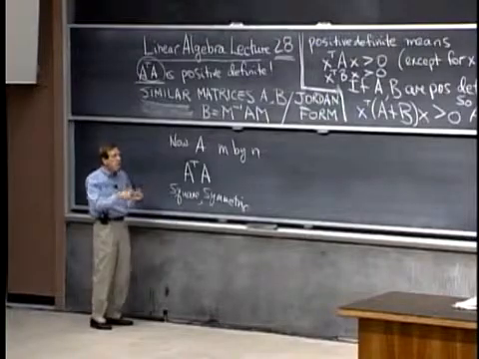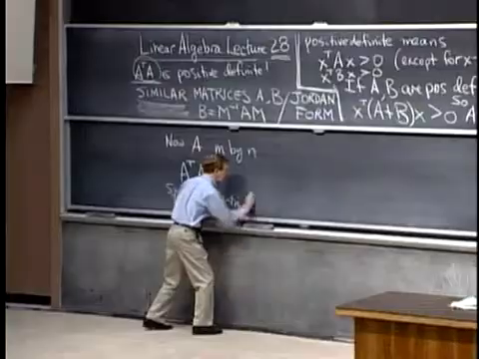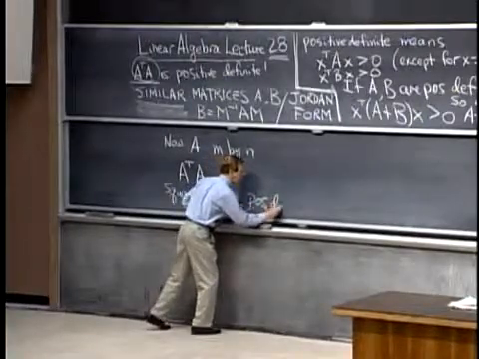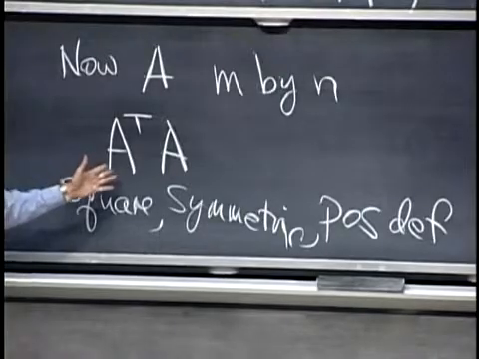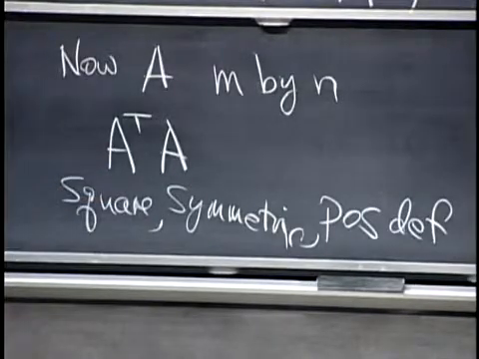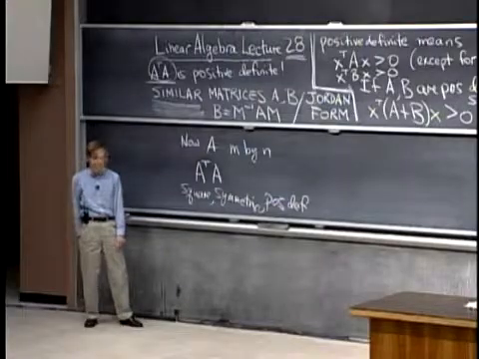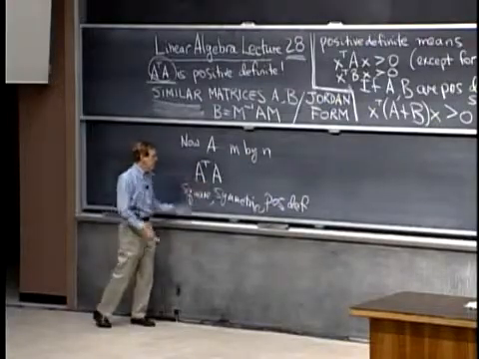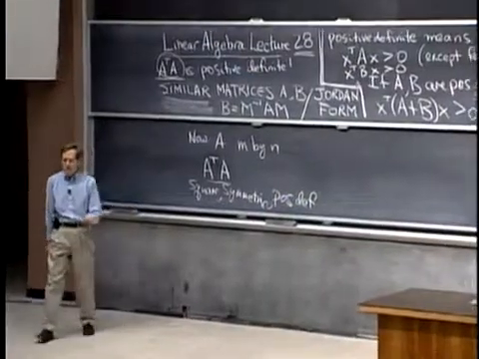We can ask a deeper question. Is it positive definite? And we sort of hope so. In analogy with numbers, this is like the square of a number, and that's positive. So now I want to ask the matrix question. Is A transpose A positive definite?